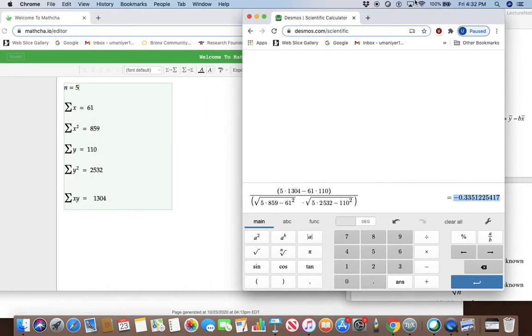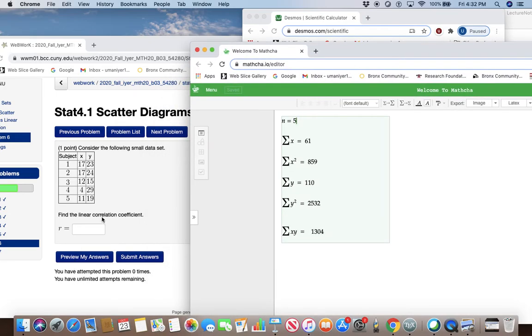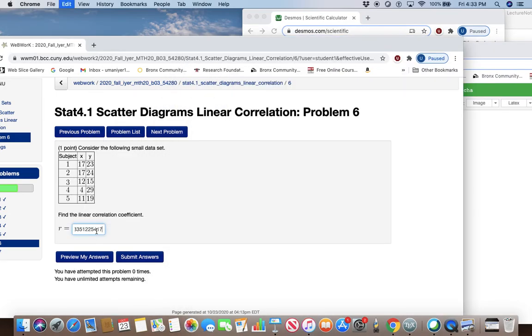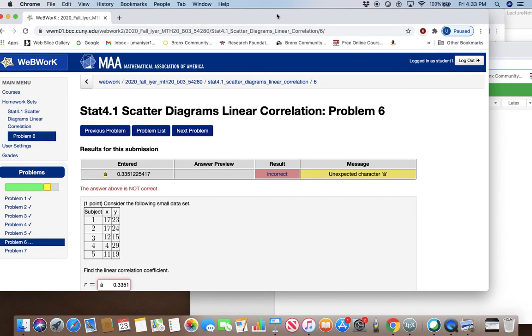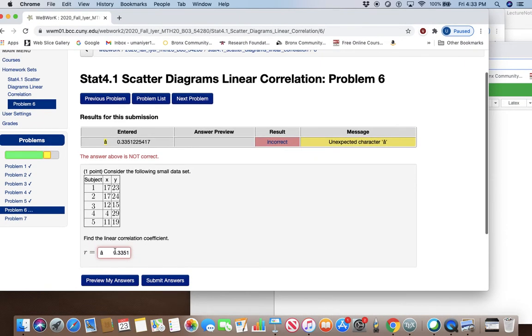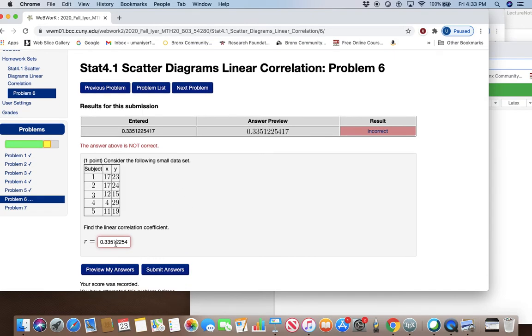I have copied it. Now let's try and paste it. Submit. It says unexpected character. That's because of copying from one website to another. I should have a negative.